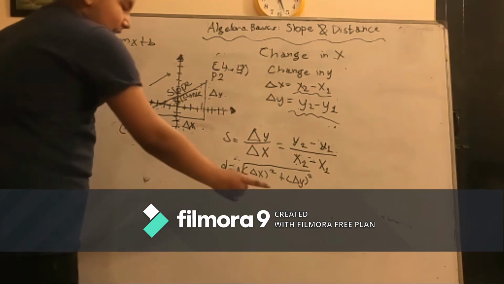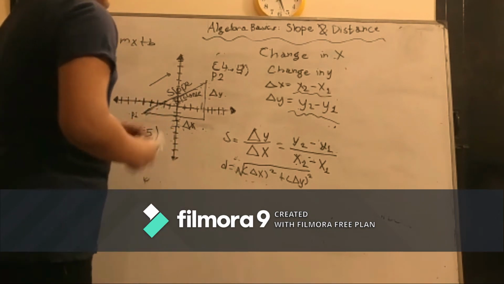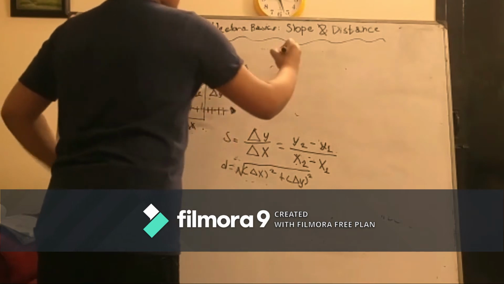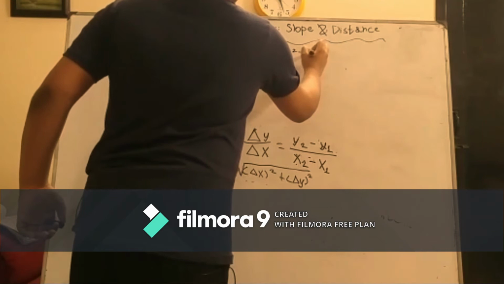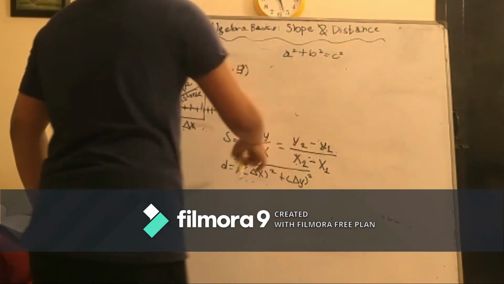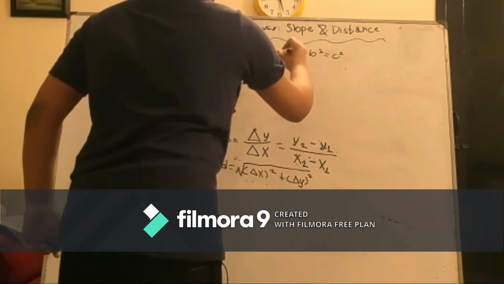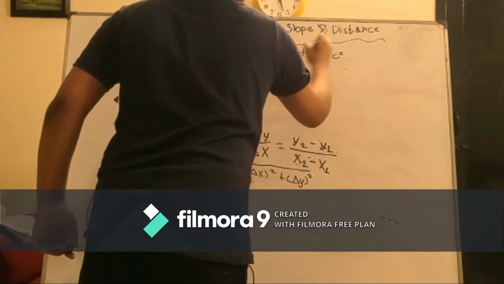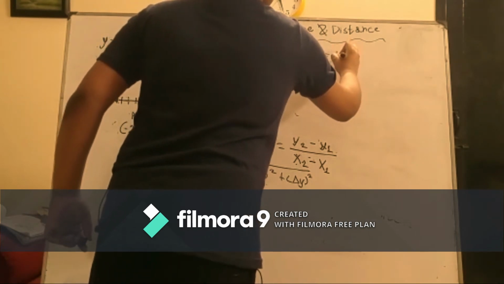That's right. This actually originated from the Pythagorean theorem. Let me explain. Remember how a squared plus b squared equals c squared is the Pythagorean theorem? Let's plug in a as delta x, b as delta y, and c as just d.